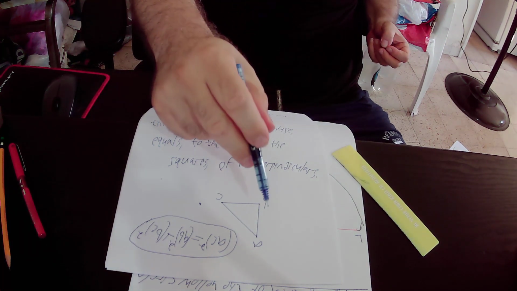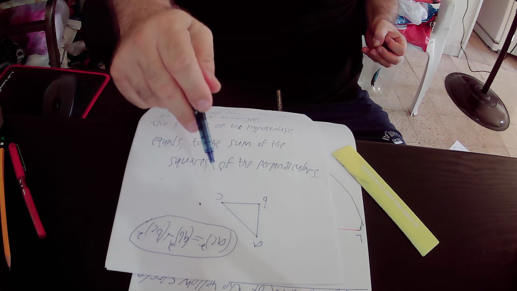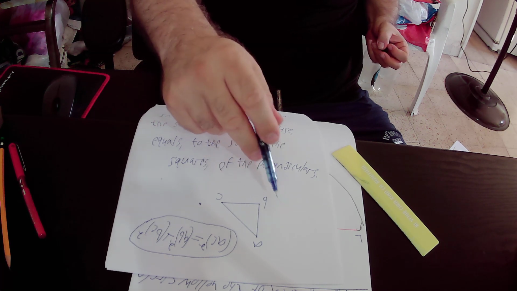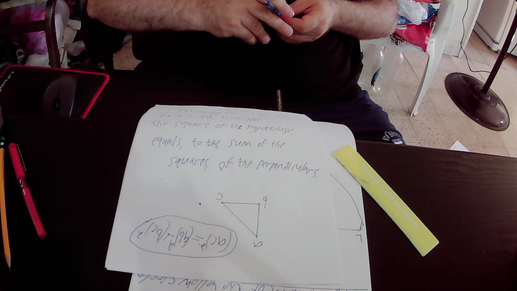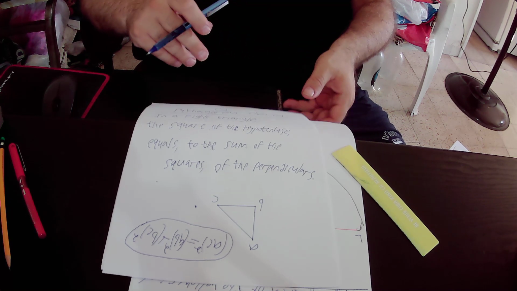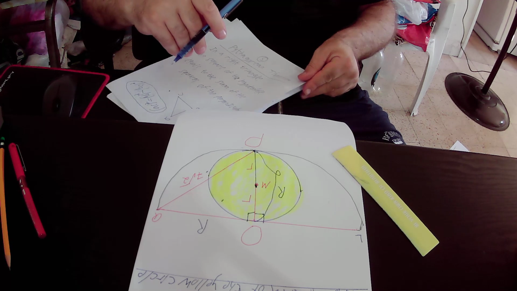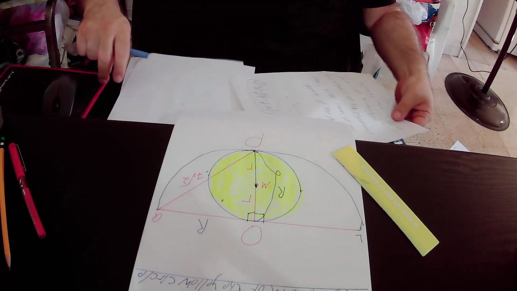The square of the hypotenuse, AC square, equals the sum of the squares of the perpendiculars. AC square equals AB square plus BC square. So we can implement this theorem in our specific right triangle.